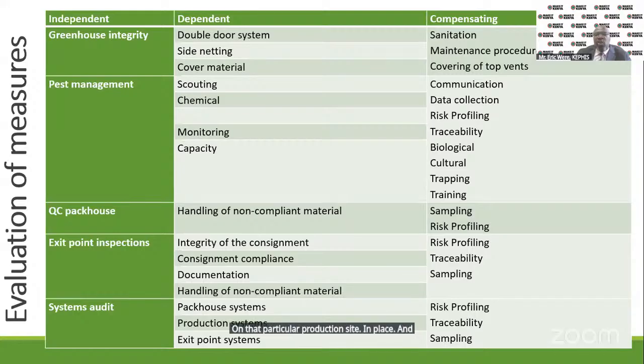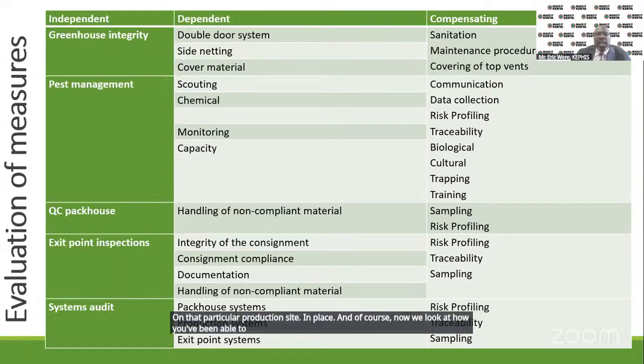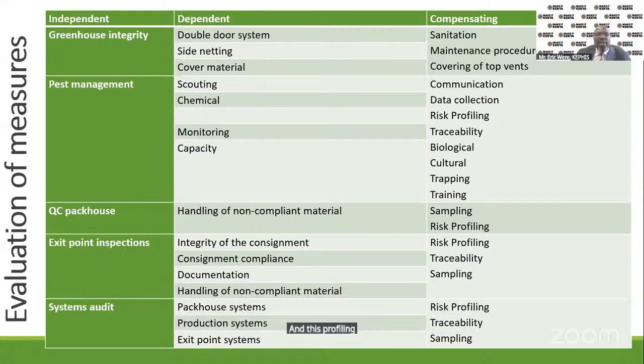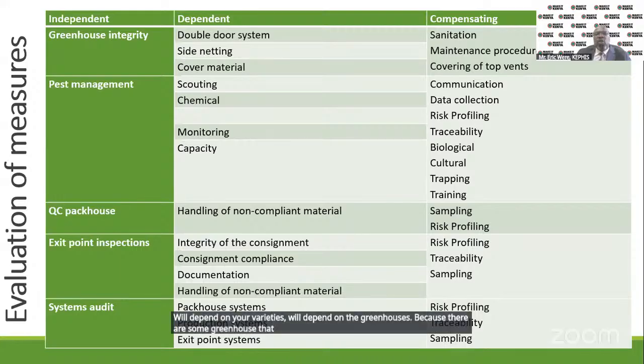And of course, we look at how you've been able to risk profile. Risk profiling of a production site or greenhouse will depend on your varieties and on the greenhouses, because some greenhouses may be neighboring a big plantation of a host, for example a coffee plantation.